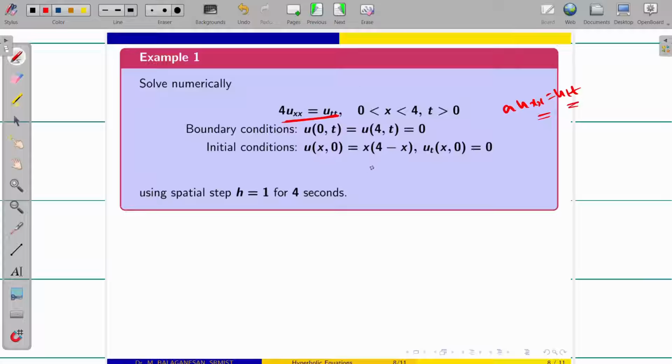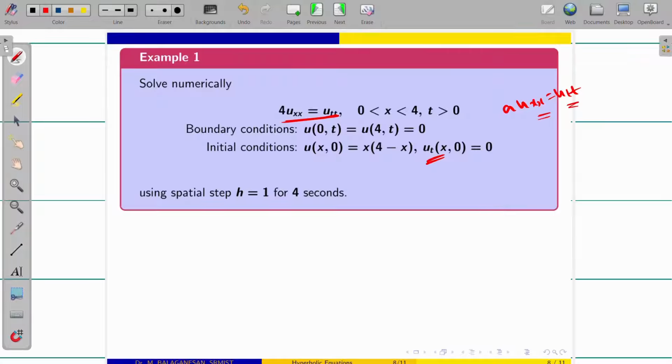Another clue is how many boundary conditions there are. In the Laplace equation there will be four boundary conditions, but initial velocity won't be there. If initial velocity is coming in the boundary conditions, then it is a one-dimensional wave equation. That is another clue, right?